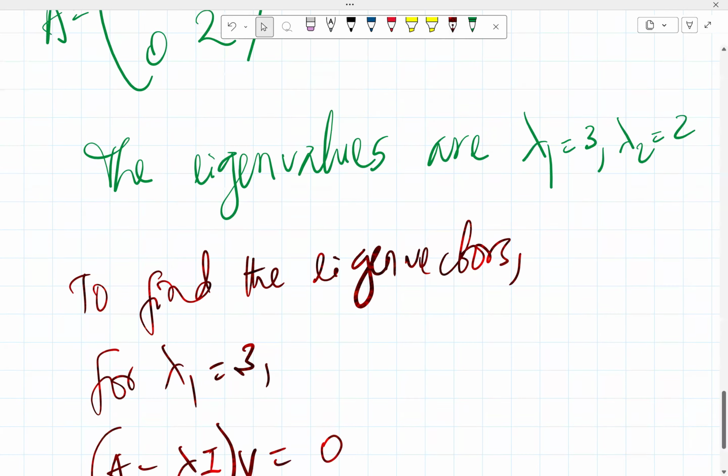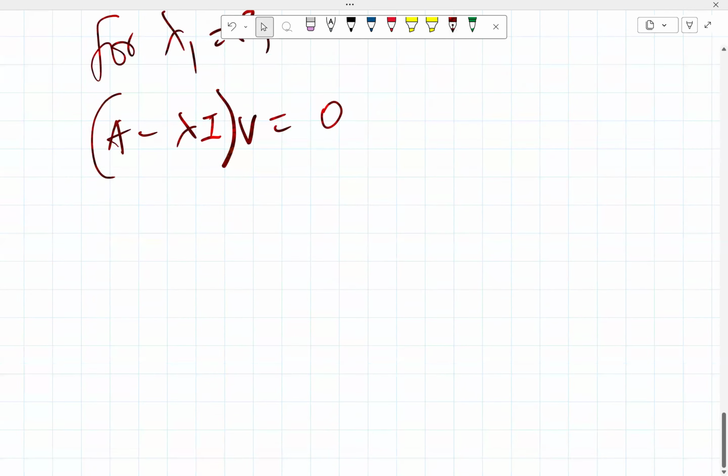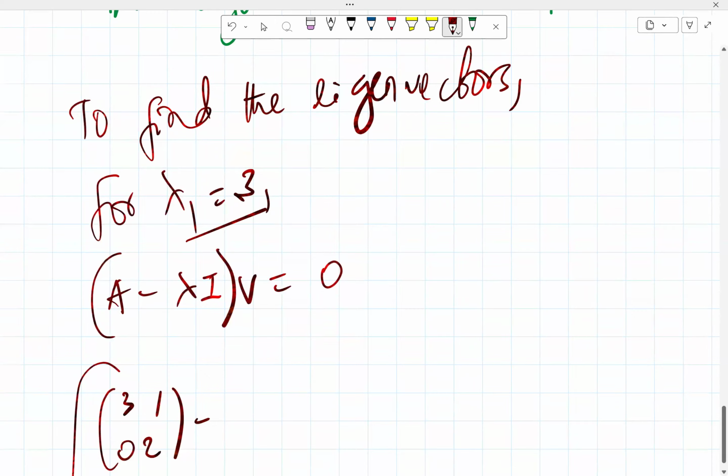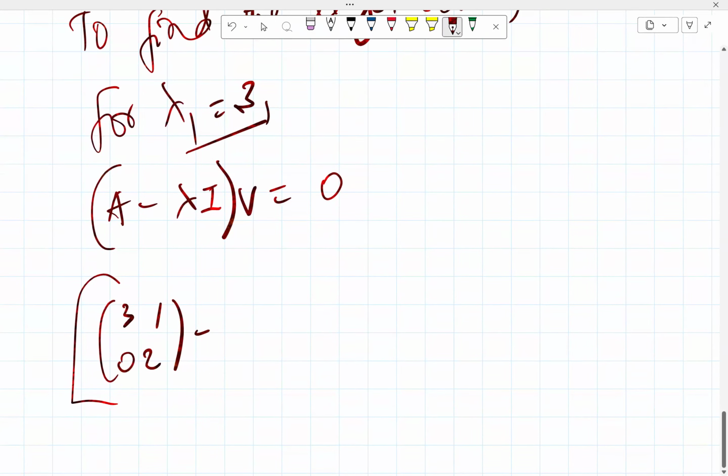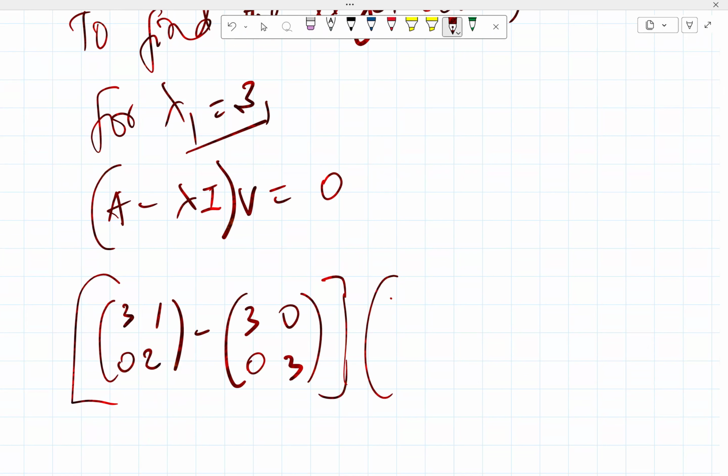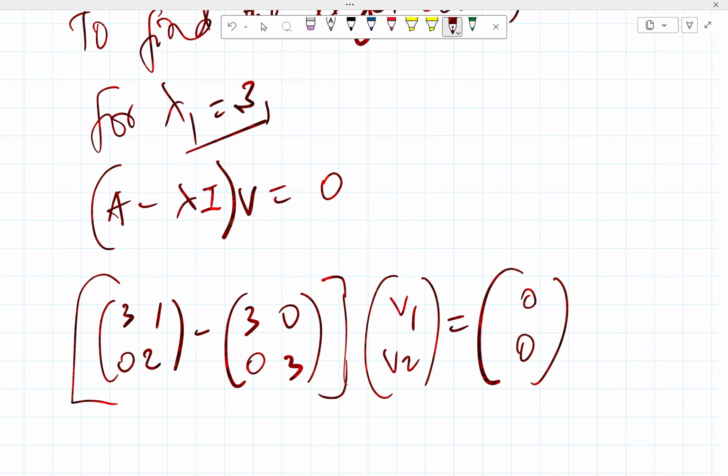Our A here is [3 1; 0 2], minus our lambda, which is 3, times the unit matrix [1 0; 0 1], giving [3 0; 0 3], multiplied by V, that's V1, V2, or if you like, call it x, y, and that will be 0, 0.